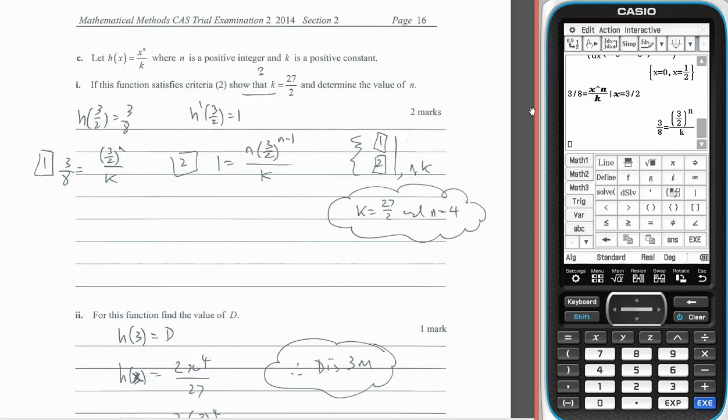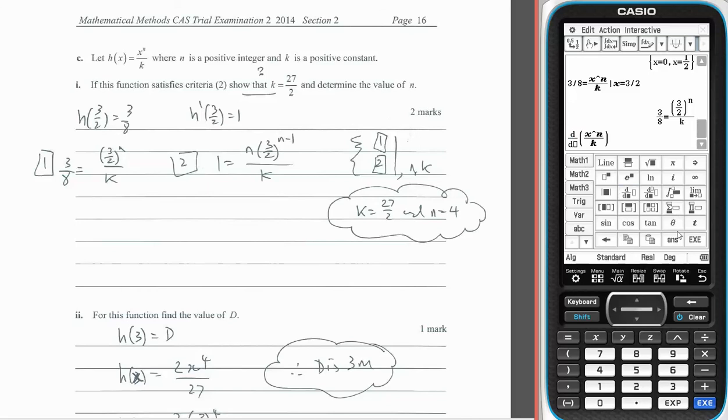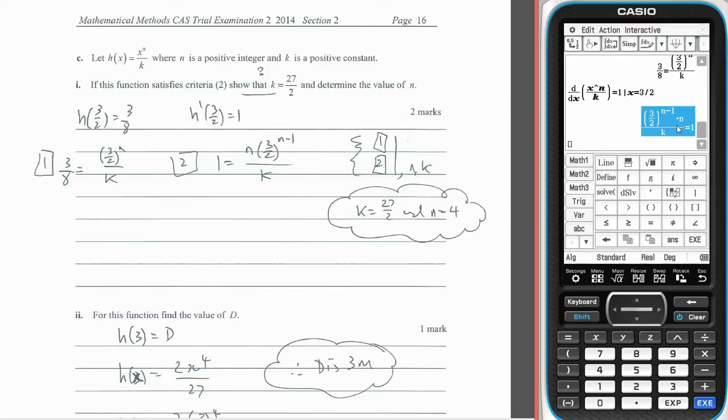And that gives me equation number 1. And I know the derivative, so if I take this and take its derivative with respect to x, and make that equal to 1 when x equals 3 on 2, that gives me that expression.